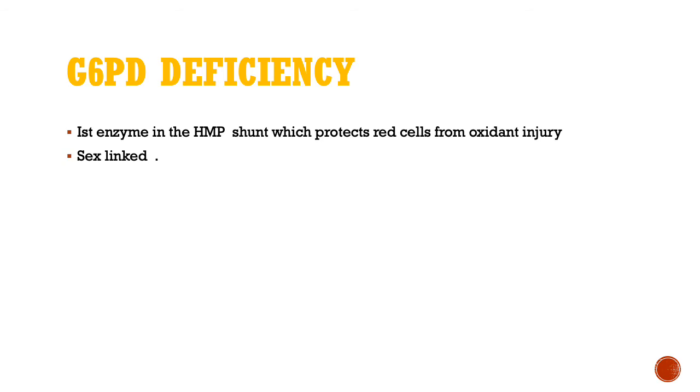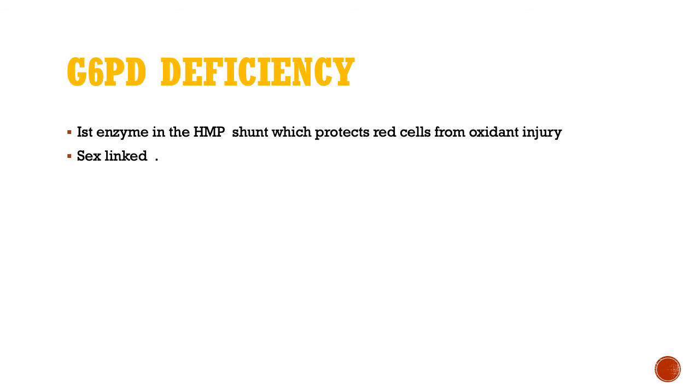So any abnormality in the form of deficiency or impairment of any of the enzymes of these pathways, either Embden-Meyerhof or hexose monophosphate shunt pathway, will affect the red cell metabolism. Now these RBC enzyme defects reduce the ability of the red blood cells to protect themselves against oxidative injuries and make them susceptible to hemolysis.